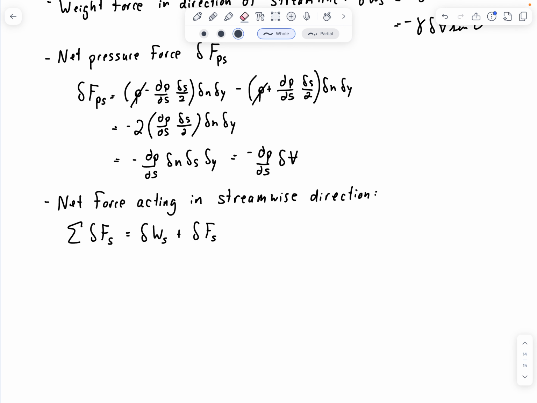And so we can add those together, and we'll get minus gamma times the volume, delta V, this differential volume, sine of theta, minus del P by del S times delta V.